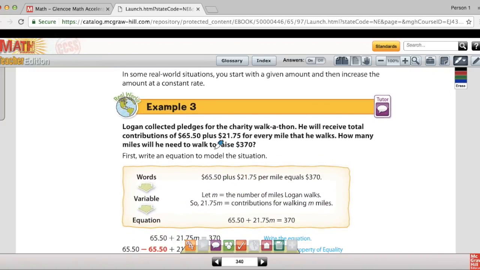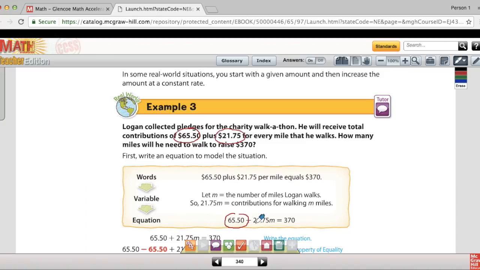Logan collected pledges for the charity walkathon. He received a total of $65.50 plus $21.75 for every mile that he walks. So what we have is $65.50 no matter what.